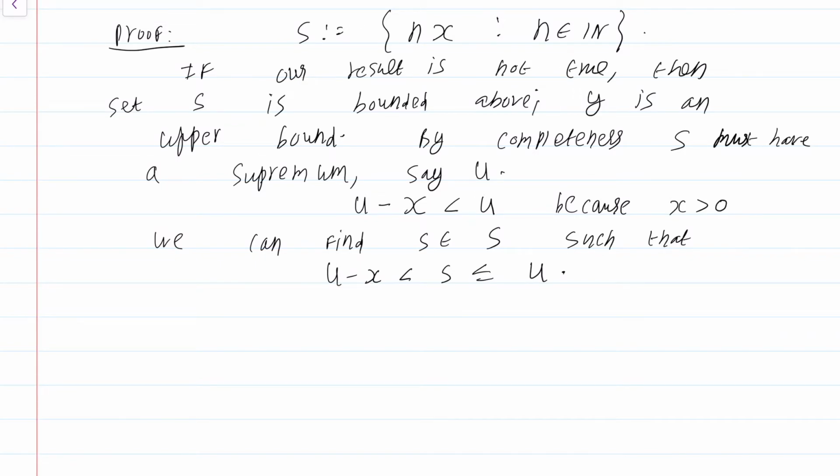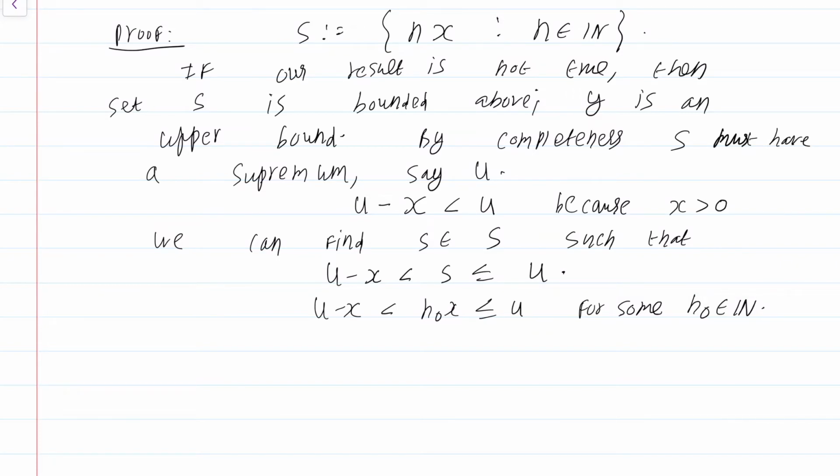Okay. But s comes from the set capital S, so I can write this as u minus x is less than n naught x is less than or equal to u for some n naught in N.